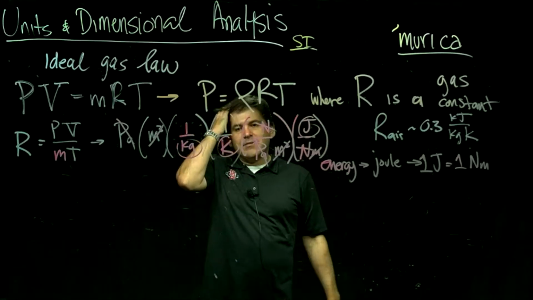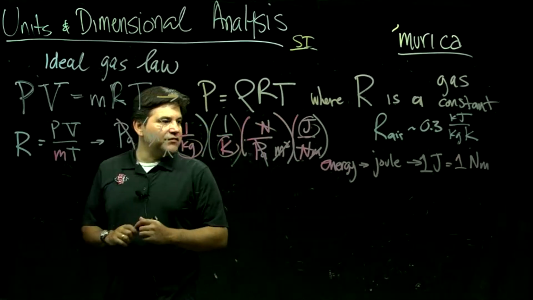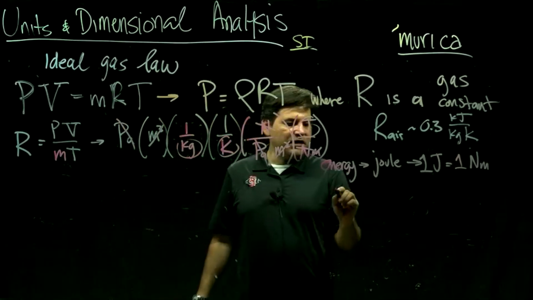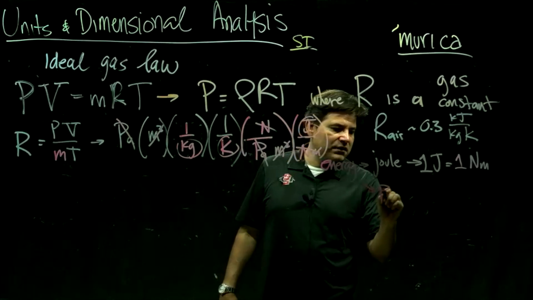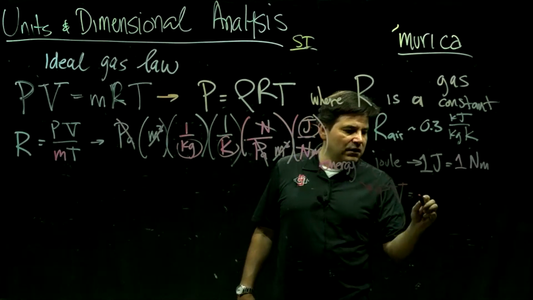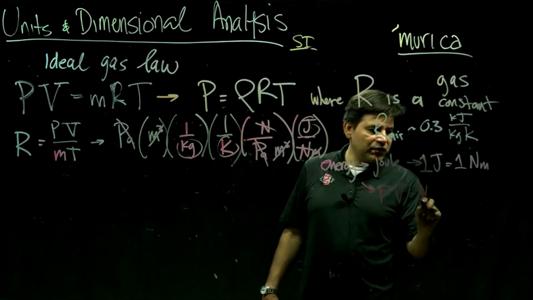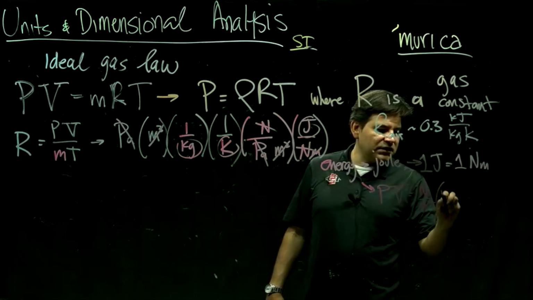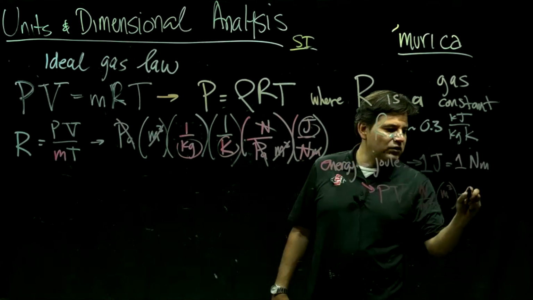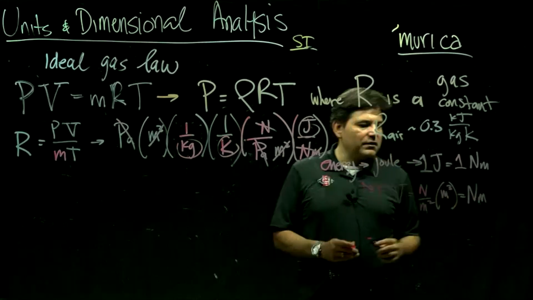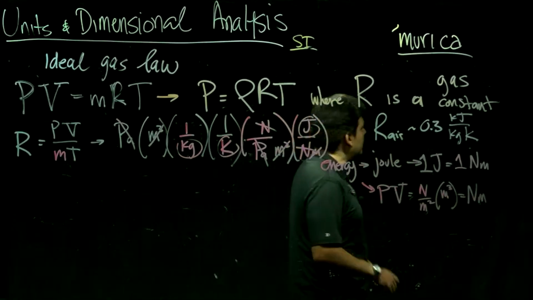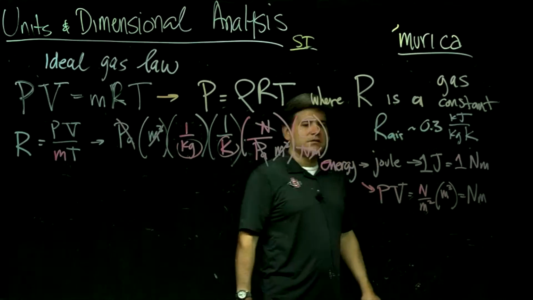So that's an example of how PV is energy. Newtons per meter squared times meters cubed equals newton meters. So PV you can describe in terms of joules as well.